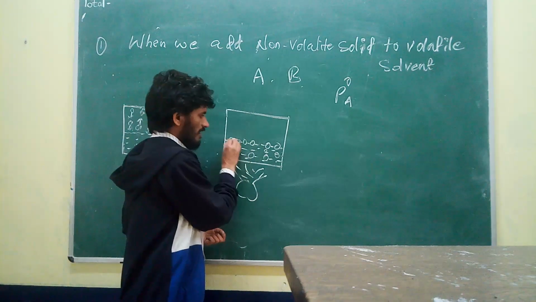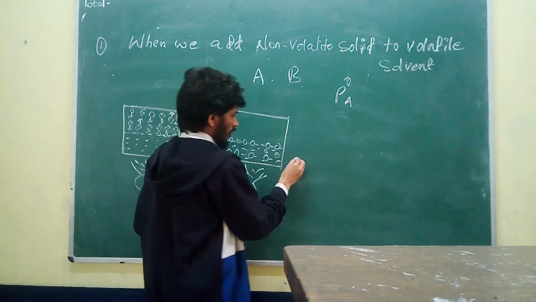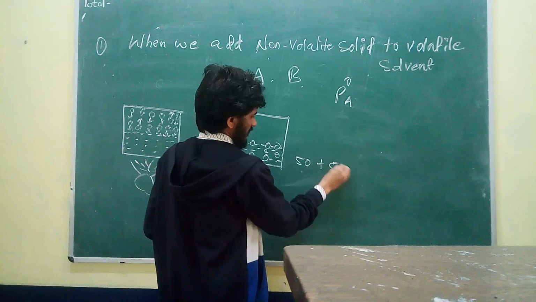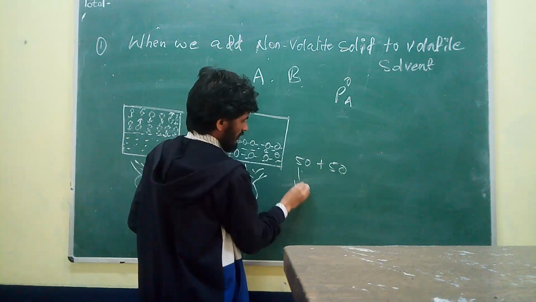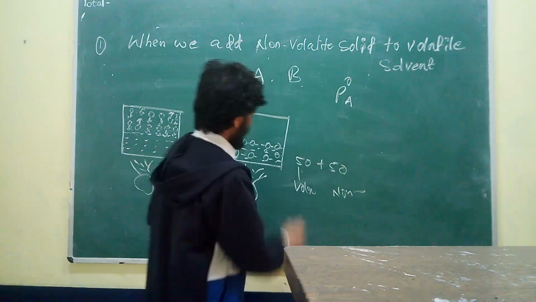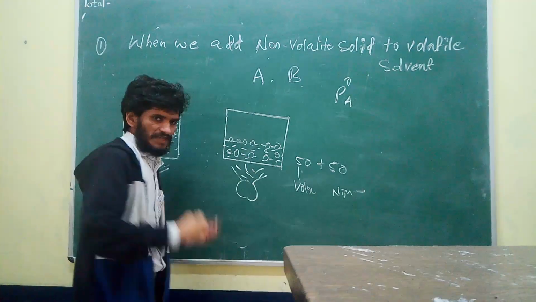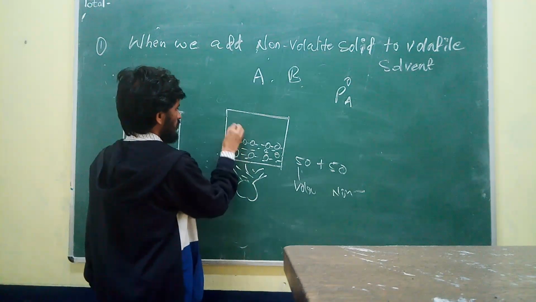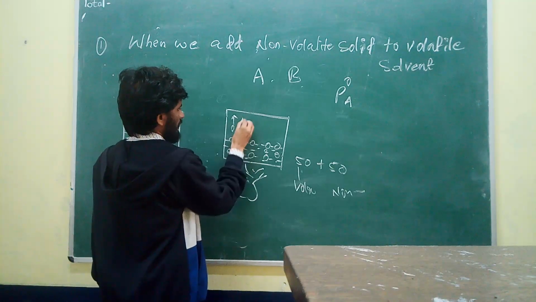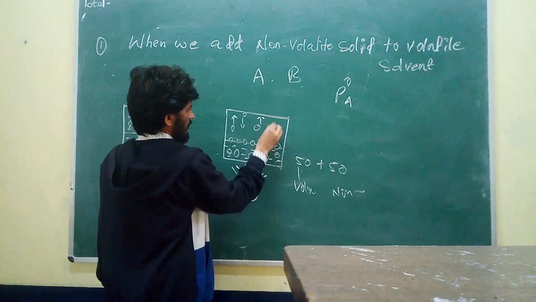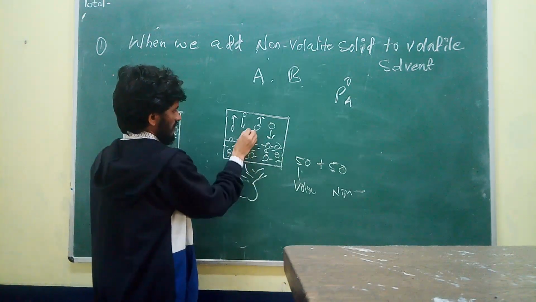Now on this surface there are 50 solid particles and 50 liquid particles, meaning 50 volatile and 50 non-volatile. Now, when we supply heat continuously, only 50 particles go up and 50 particles come back.